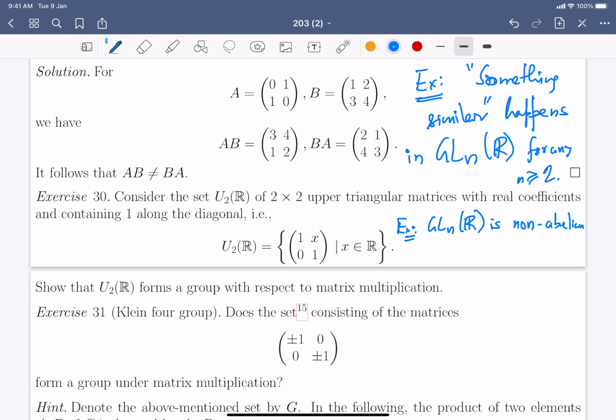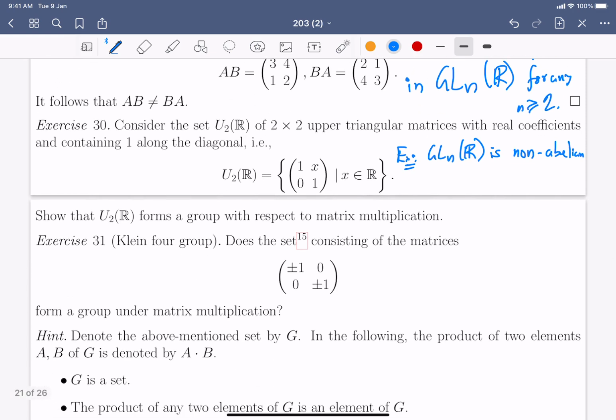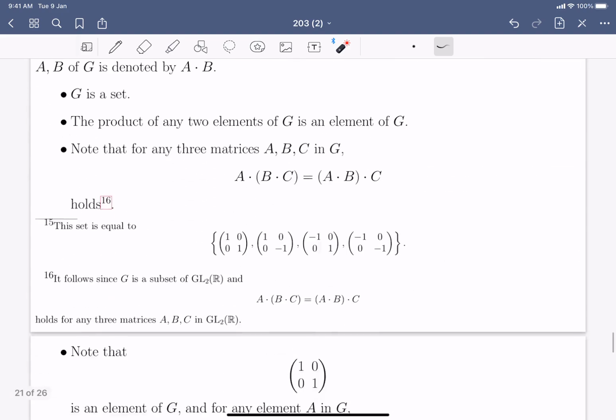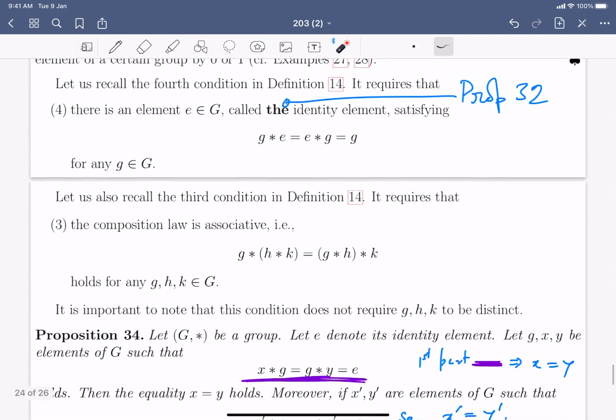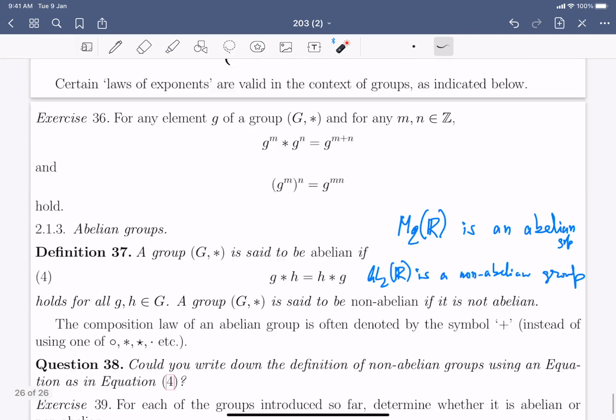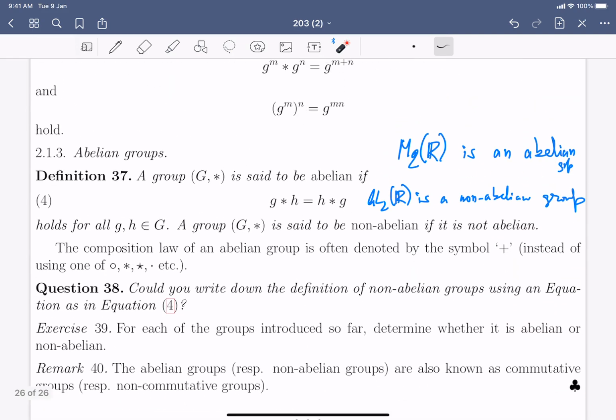One can say that GLNR is a non-abelian group, but it is standard practice to say that a group is abelian or non-abelian, just to simplify the writing probably. So you have met this notion of abelian groups and non-abelian groups, and you already know certain examples.